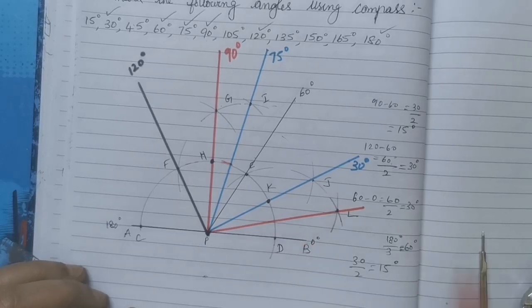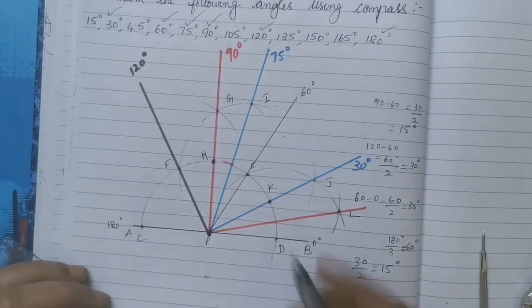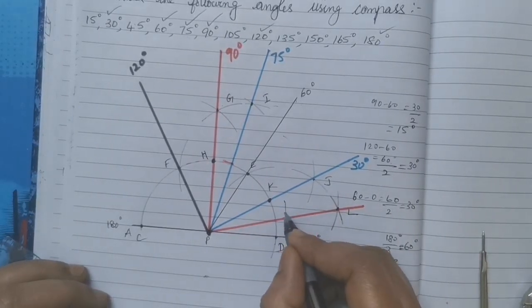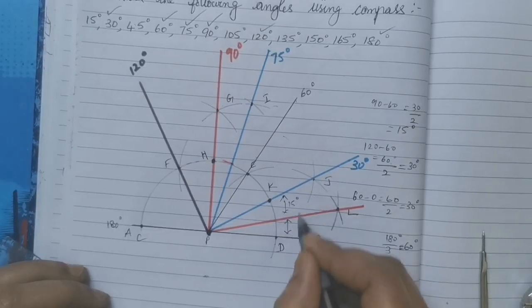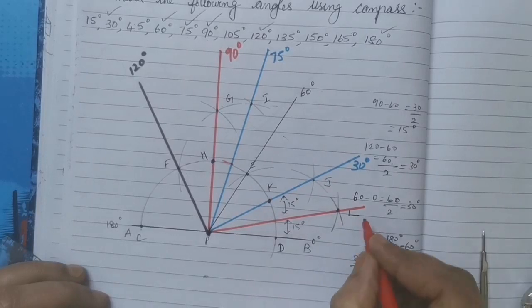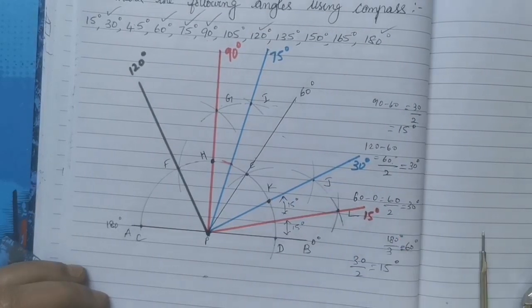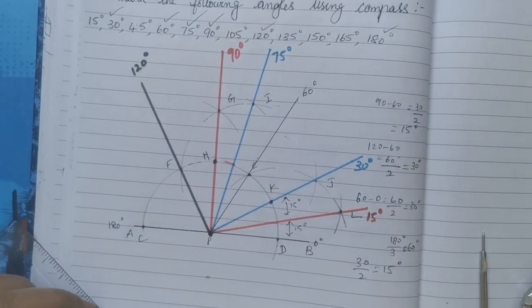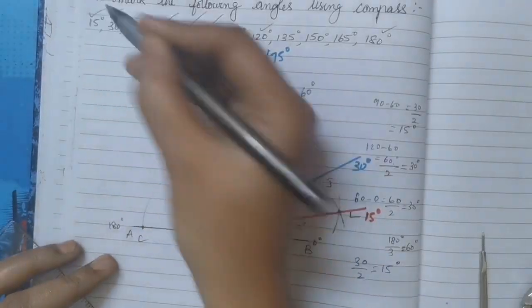So each part is 15 degree. I have a 15 degree here and I have a 15 degree here. So now 0 plus 15 degree gives us 15 degree. Now we are done with 15 degree.